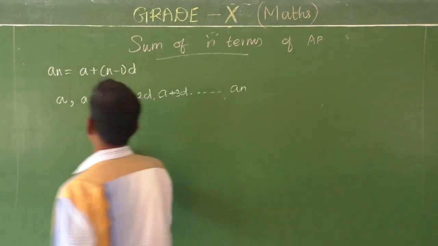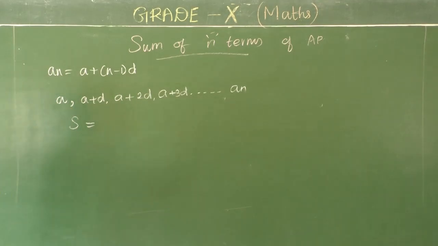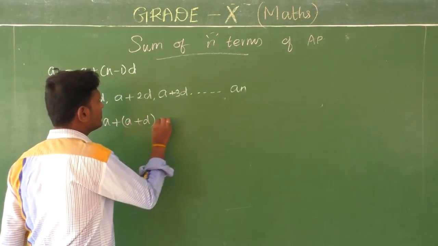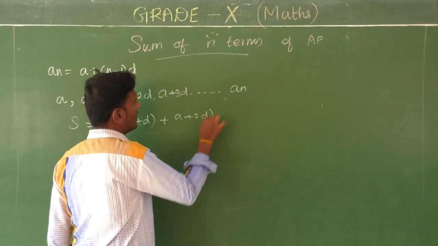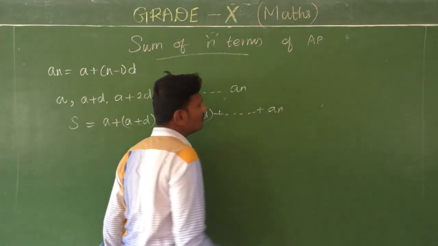Now S denotes the sum of the terms of the sequence: A plus A plus D plus A plus 2D, and so on up to AN.